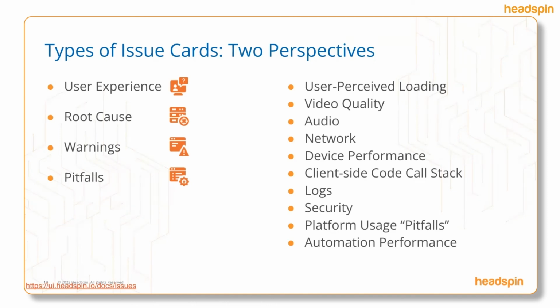Another example of a pitfall issue is our slow find element issue card for Appium or Selenium tests, where the overall duration of the session may begin to get larger and larger. The session may take longer and longer to run as the selectors used in the automation to select elements and interact with elements on the screen become more and more inefficient.